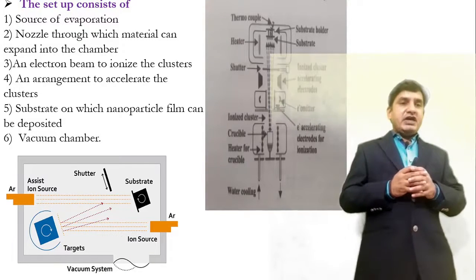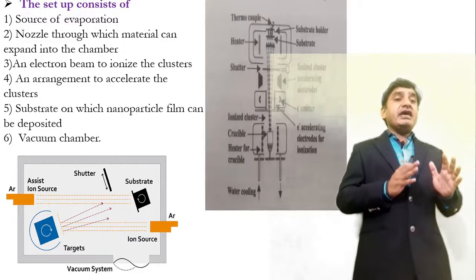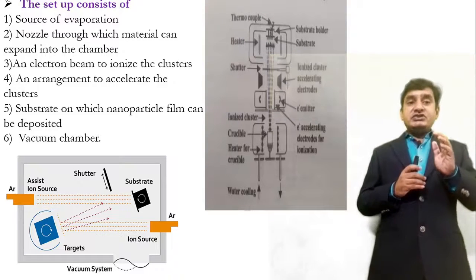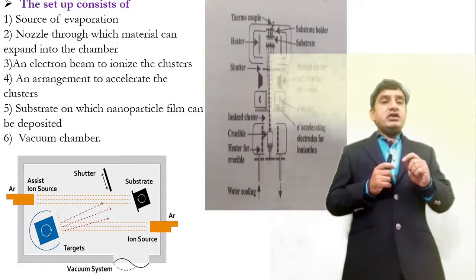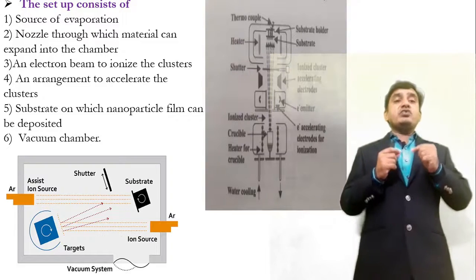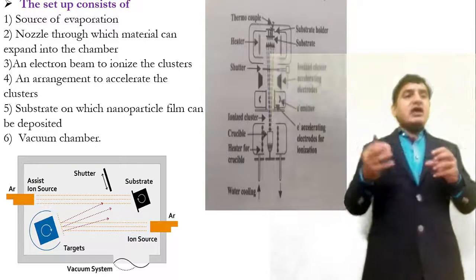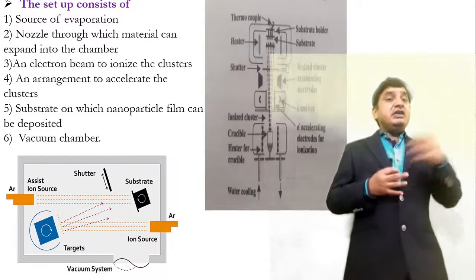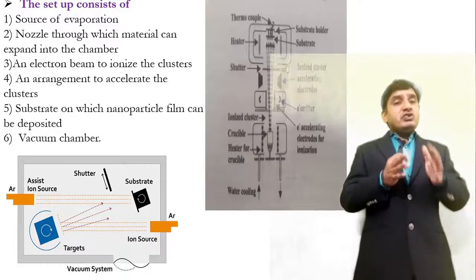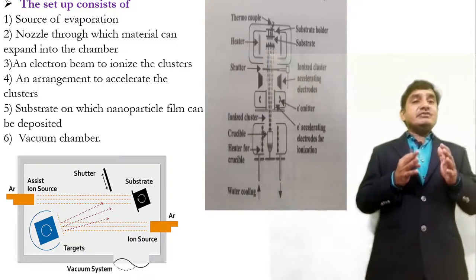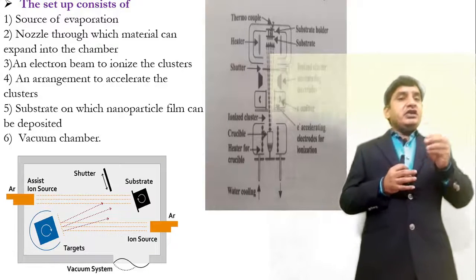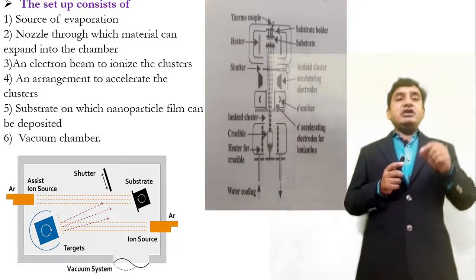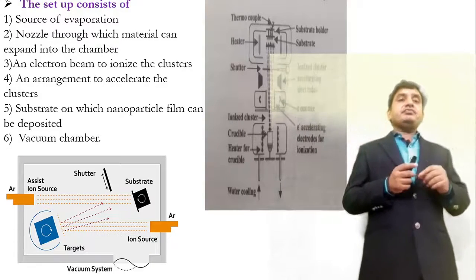Here this is one of the diagrams. Both the diagrams are the same. In this second diagram, water is used as a coolant, because when ions are incident on the target, heat is produced, so water is used as a cooling agent. Then there is a crucible in which the target material is placed.